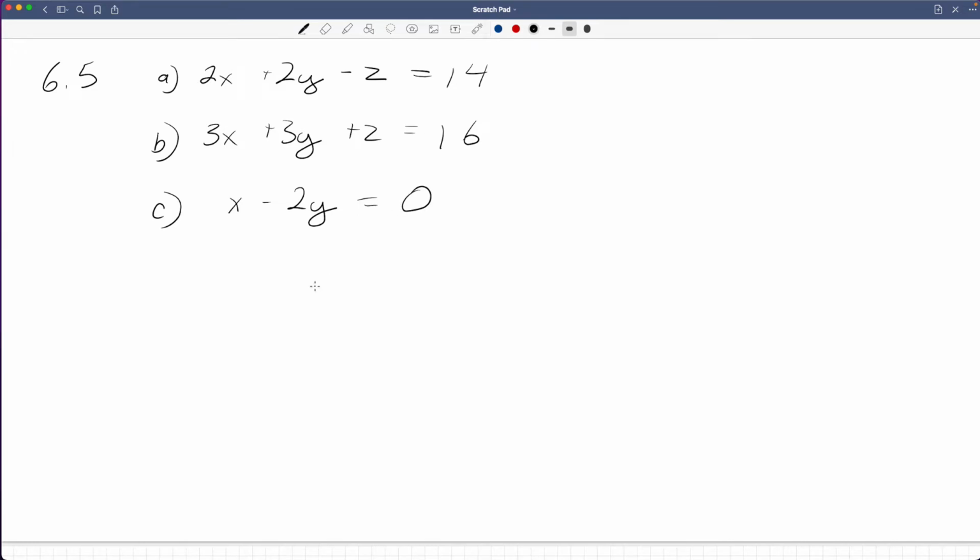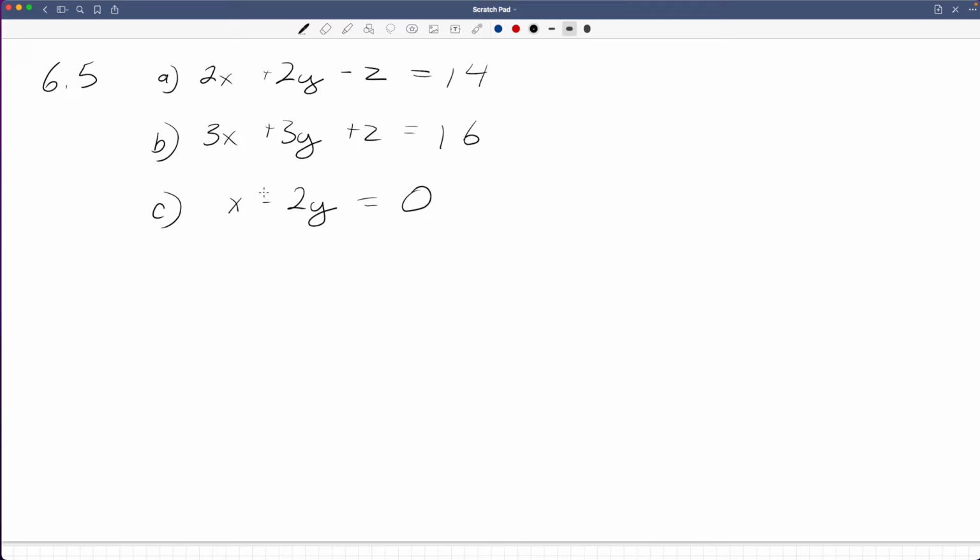So the first thing that I'm going to do is look for something that I can eliminate because it's the easiest thing to do, right? So I know I have a positive 2y and a negative 2y. So let's just get rid of that one first. Let's solve for that because there is no z there.